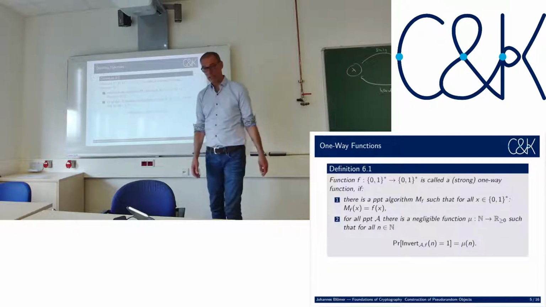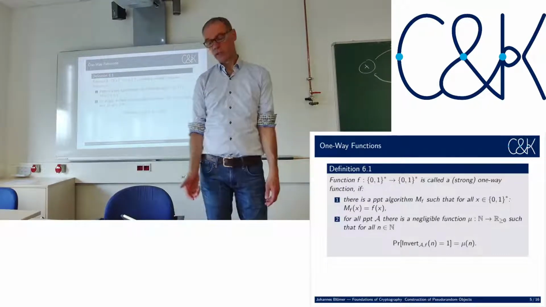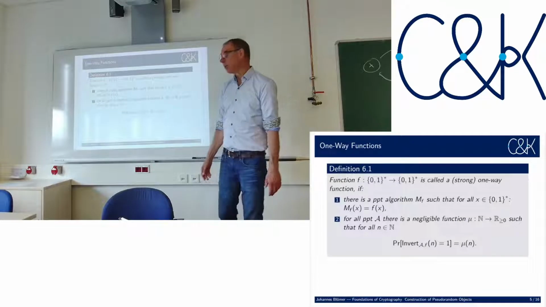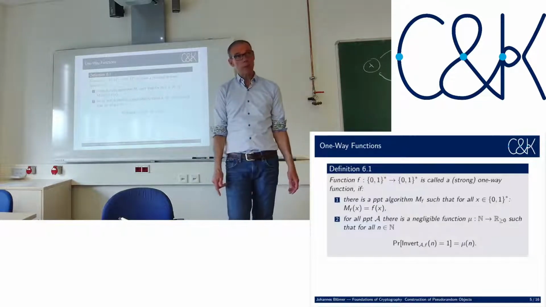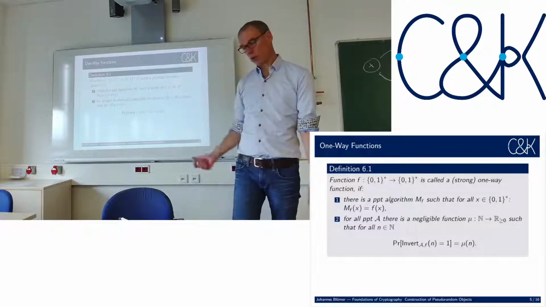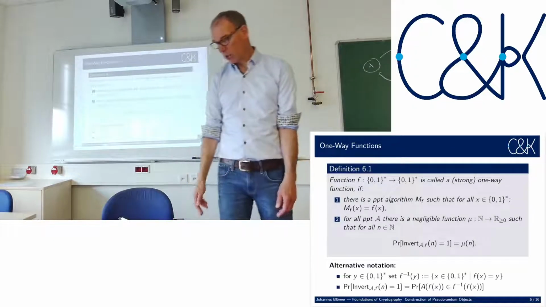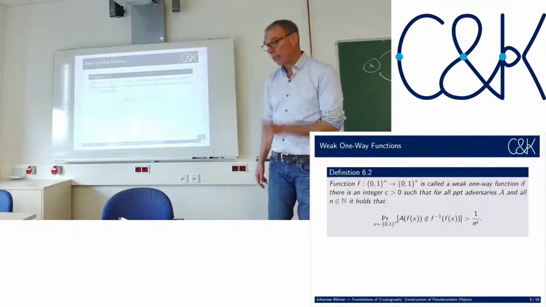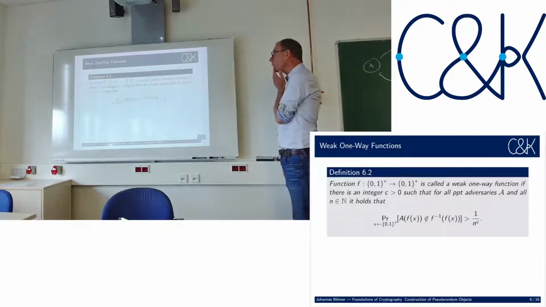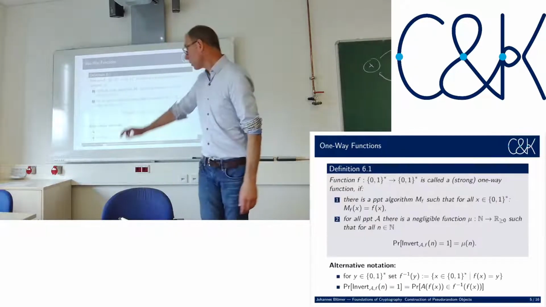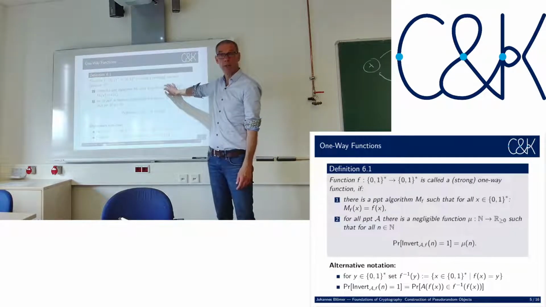In fact, all the original candidates that we have do not have this property, but they do satisfy a weaker property from which we construct objects that have the stronger property. Those things are called weak one-way functions. Let me define what a weak one-way function is. First of all, we will never deviate from this requirement here.